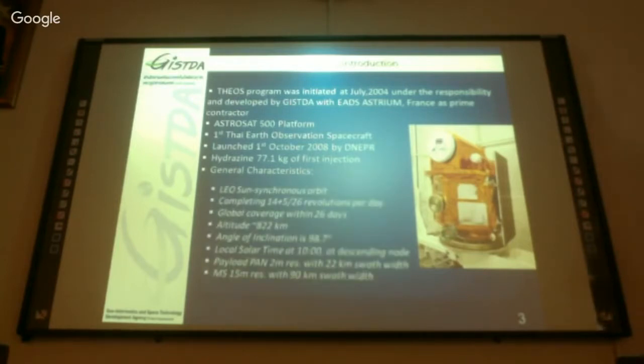The characteristic is a sun synchronous orbit, and the altitude is about 800 kilometers. The inclination is 98.7. Local time is 10 a.m. The resolution is 2 meters and the swath is 22 kilometers.